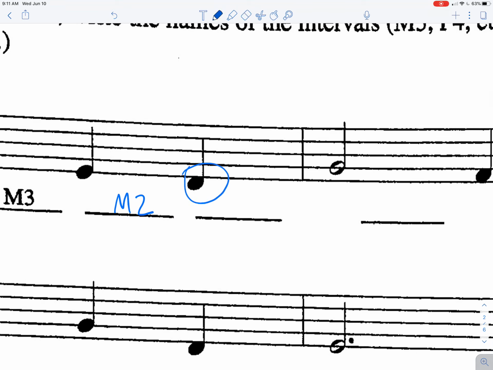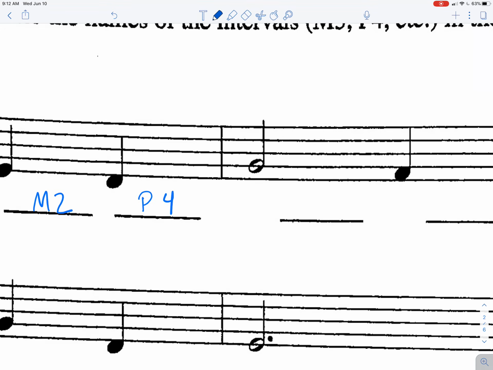And then we have a distance between D and G, which is a little further apart, but we use that same process, which would be 1, 2, 3, 4, which is some sort of fourth. And if we count the whole steps all the way up there, we know that that is going to end up being a perfect fourth.